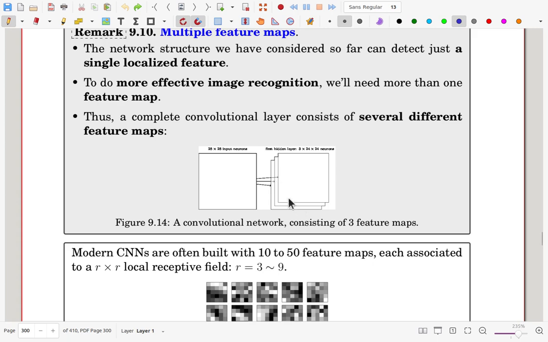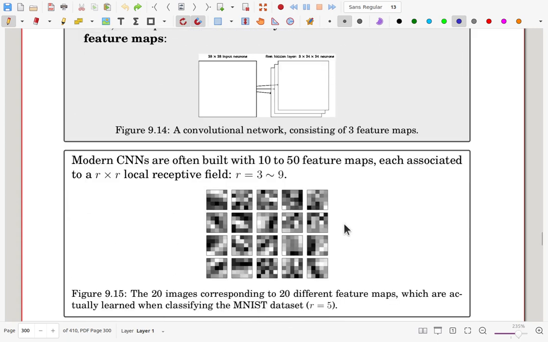And these pictures show that when we train a CNN with 20 feature maps, then that is the feature map practically obtained through the training. So it's the real trained data here.